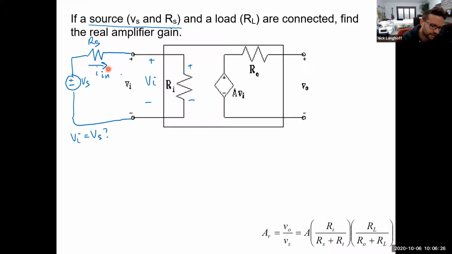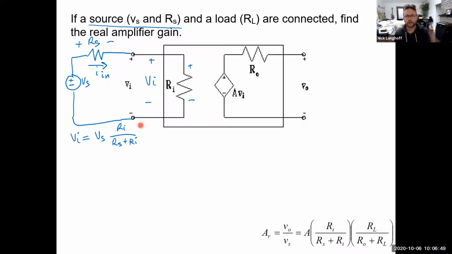But any real amplifier has non-infinite input impedance or resistance, even though it may be very high. So you're going to get some current flowing across that Rs, which means a little bit of voltage drop across it. So VI is, by voltage divider, the source voltage times Ri over Rs plus Ri.